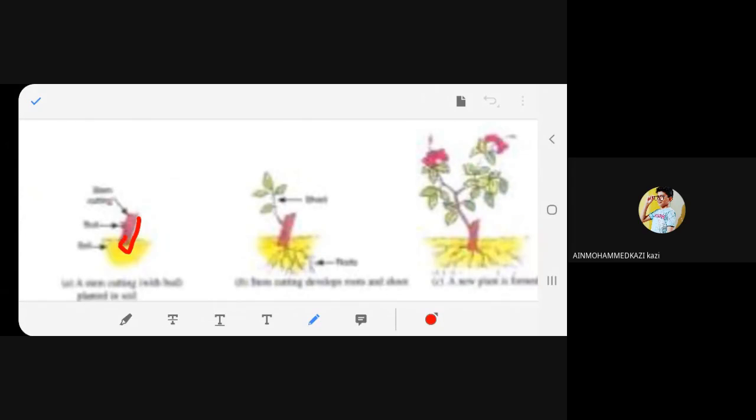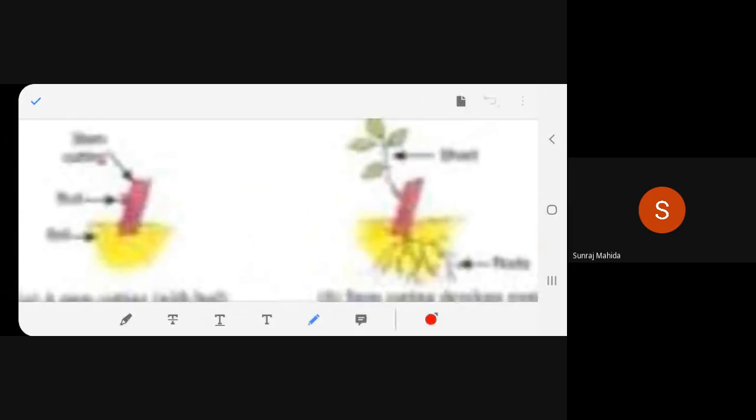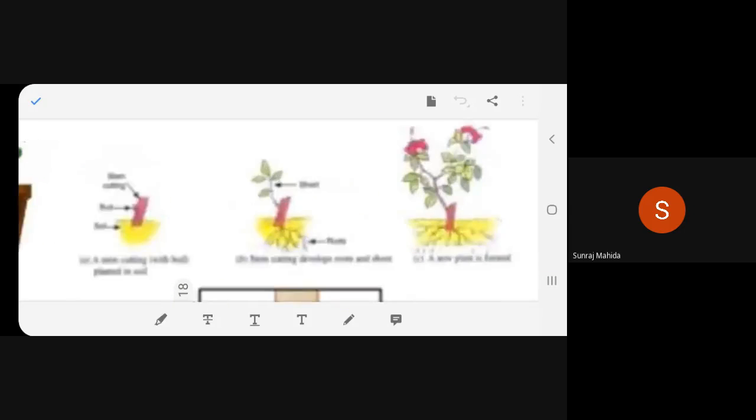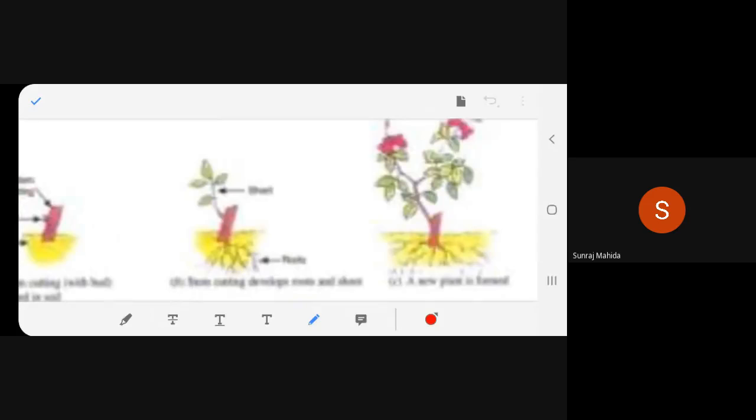This is the cutting, and you can see a small bud over here. You see the small bud? This bud will give rise to a branch. And from here, this branch will grow and become a new plant.